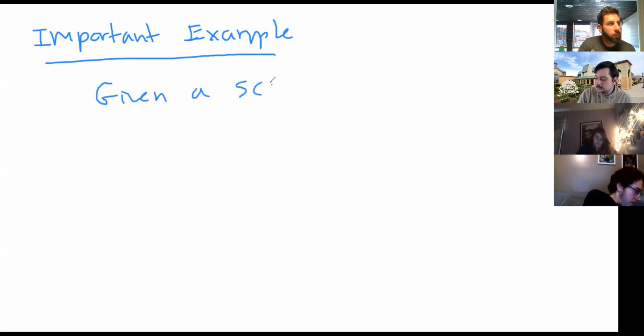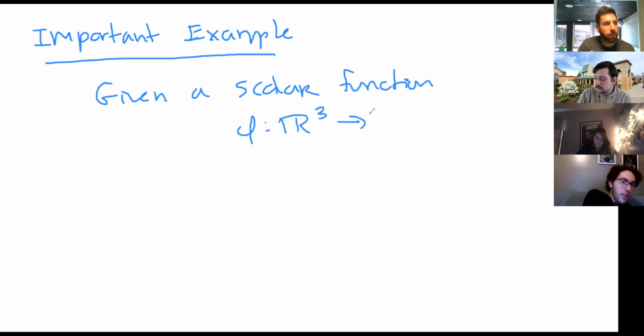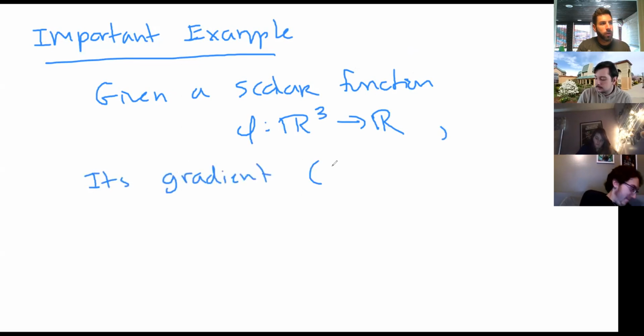Given a scalar function, say phi, from R3 into R, its gradient, of course, if it exists, is a vector field. We're going to start using these terms more and more.